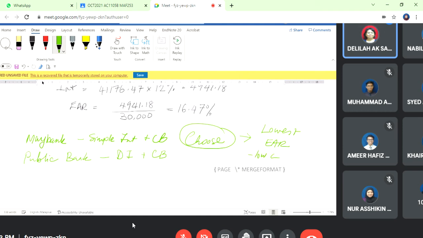Okay, low cost. That is the cheapest loan, if its EAR is the lowest. So you will choose the bank or the finance company with the lowest EAR.